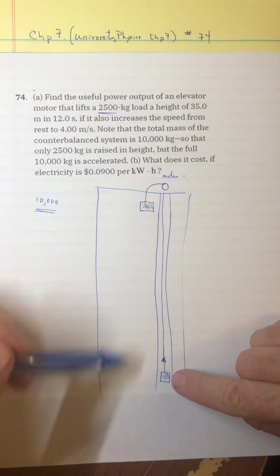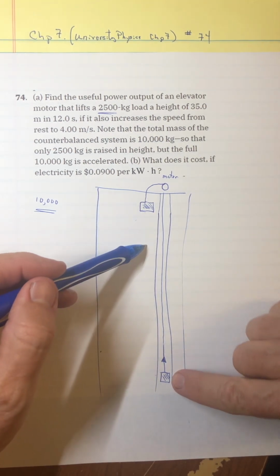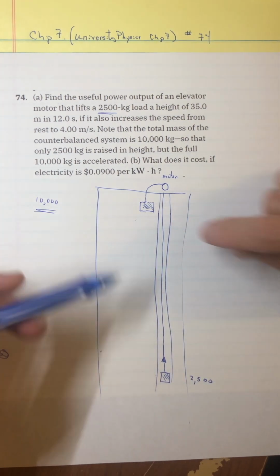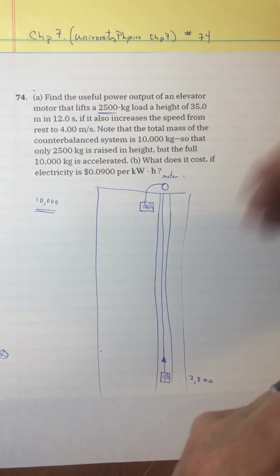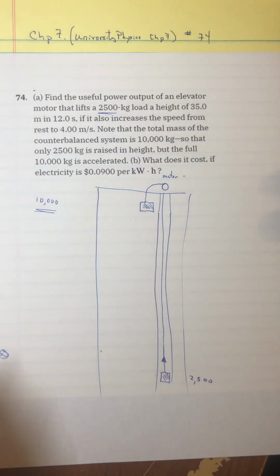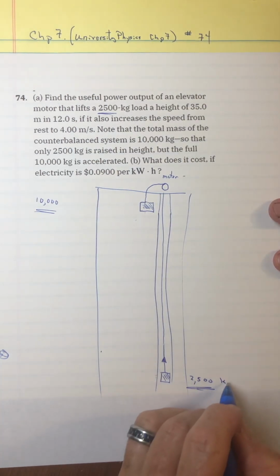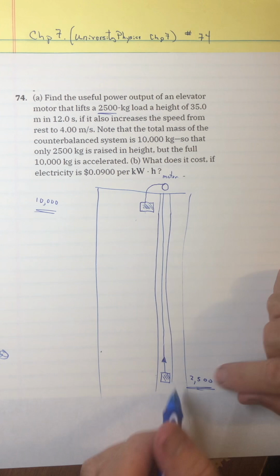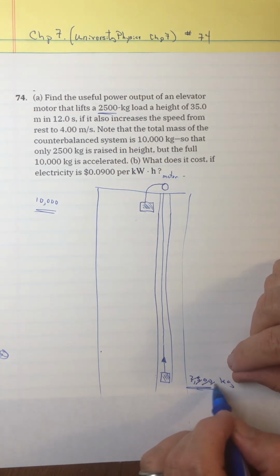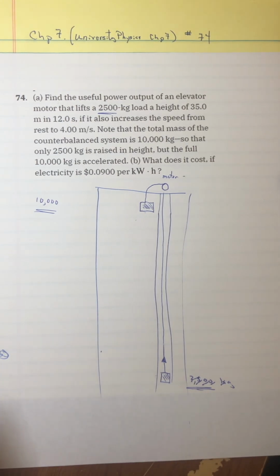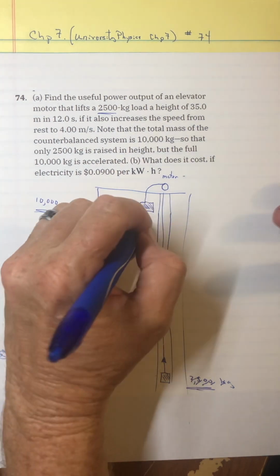So in other words, as this weight comes down and the elevator goes up, there is a net effect of lifting 2,500 kilograms. Maybe I shouldn't have put that right here. Okay. Maybe we could do something like this.